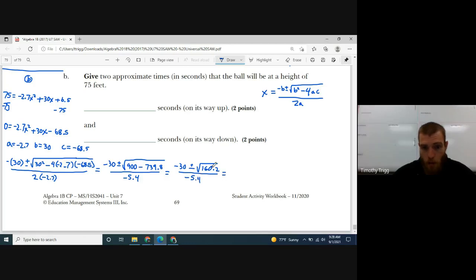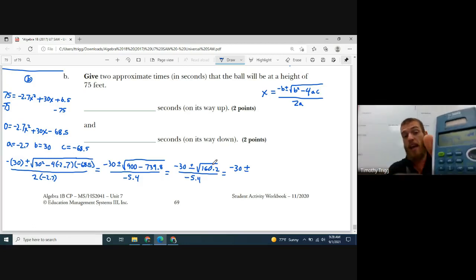Let's do the square root of this 160.2. So that's going to be negative 30 plus or minus. So in your calculator, you're going to want to do the square root of 160.2. Make sure you know how to use your calculator to find the square root. All right. And a lot of calculators, you have to press like the second button and then press the x squared.